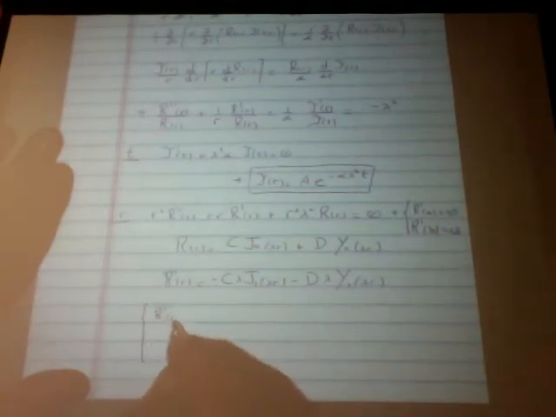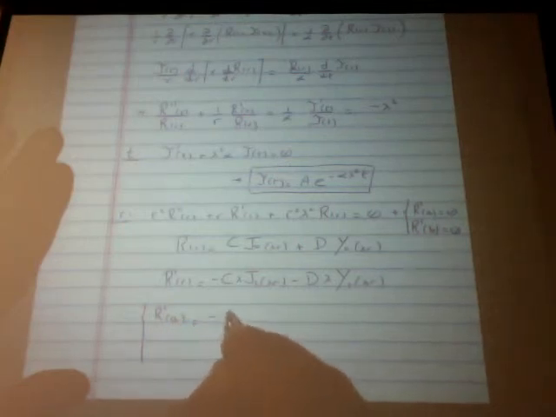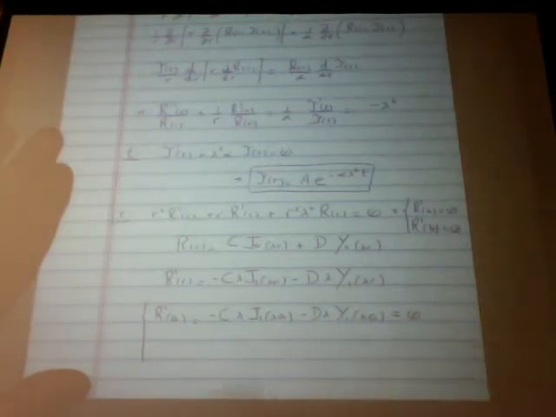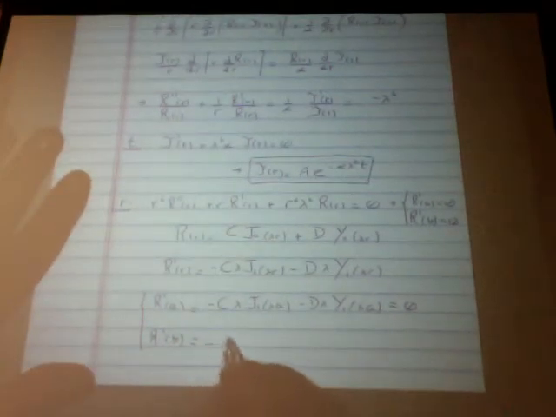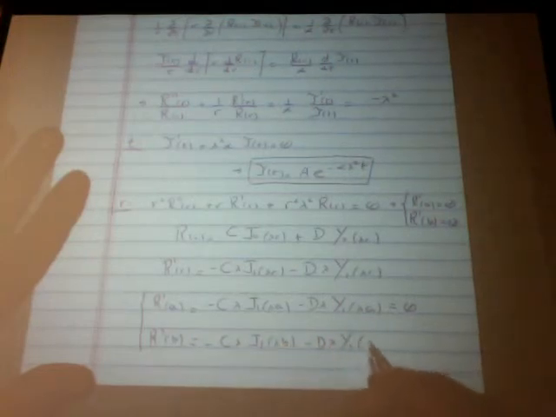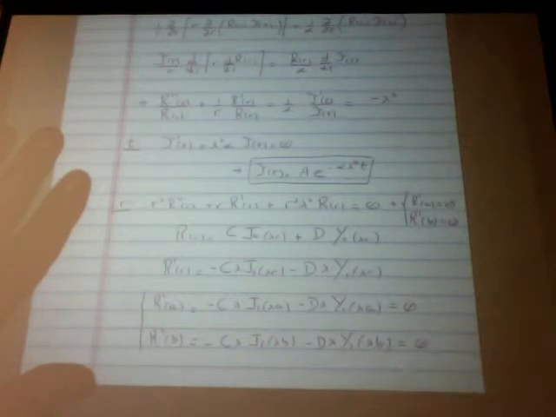R prime of a is equal to minus C lambda J1 of lambda a minus D lambda Y1 of lambda a is equal to 0. And R prime of b is equal to minus C lambda J1 of lambda b minus D lambda Y1 of lambda b is equal to 0.